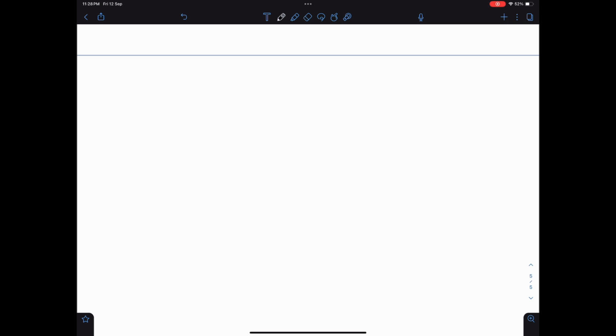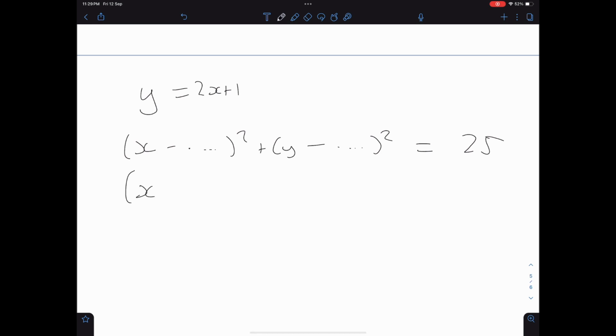Say it's y equals 2x plus 1 and some circle, x minus something squared plus y minus something squared equals the radius squared, I don't know, like 25. What you'd do is substitute, then solve for x, then solve for y with the two solutions that you got. Or it may only be one solution.